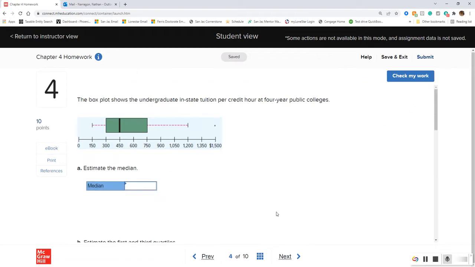Question 4 is a box plot. So, with box plots, again, we'll go and just look and see what it does. And when we find the median, it is always this big old dark line in the box plot. So that ends up being 450.